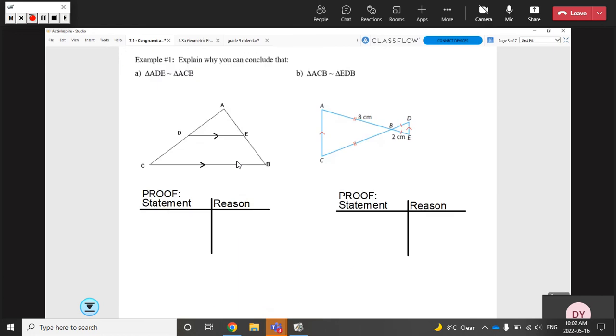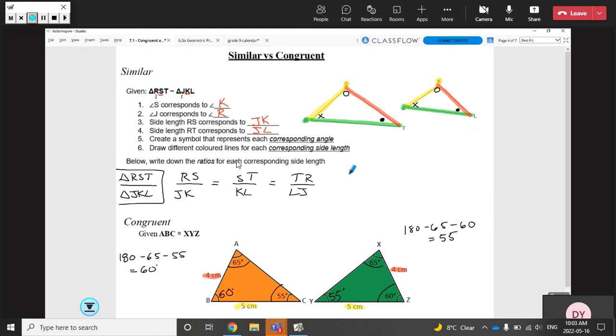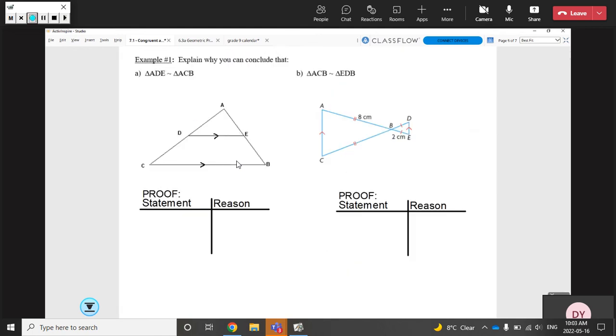Because if I look at this closely, you see the upside down F pattern there, which means that angle C would be equal to angle D. You see that there? So we know that this angle is equal to this angle, and all we really need is one more angle. In fact, there is a common angle between the two triangles.